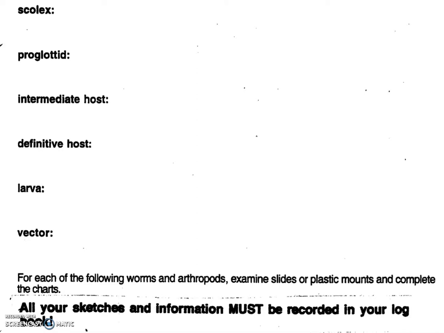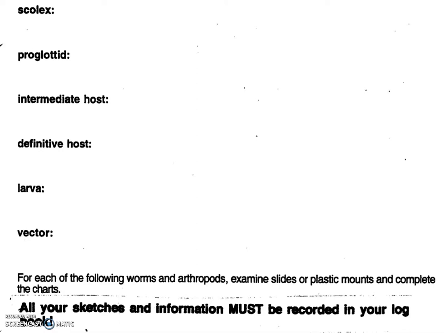And a vector is typically an arthropod that carries a disease-causing organism from one host to another, either via blood, or sometimes a vector might carry a pathogen on its feet and then land on another surface and thereby transmit a pathogen.